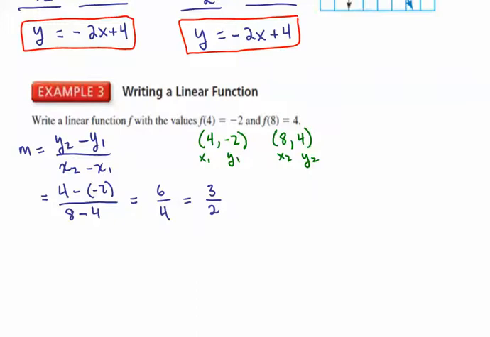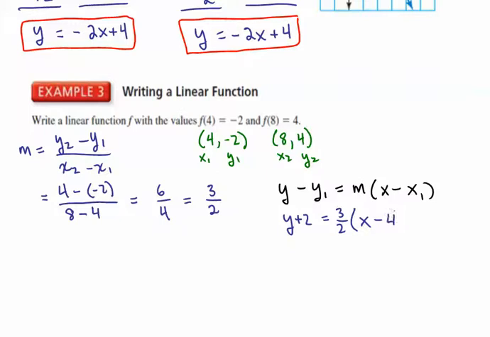So I'll start with my point-slope formula. That's y minus y1 is equal to m times x minus x1. And I'll just pick the point on the left. Doesn't really matter. Y minus negative 2 is y plus 2 is equal to the slope of 3/2 times x minus 4.